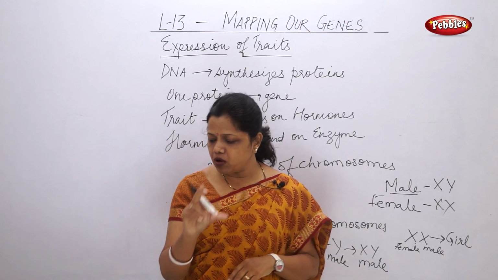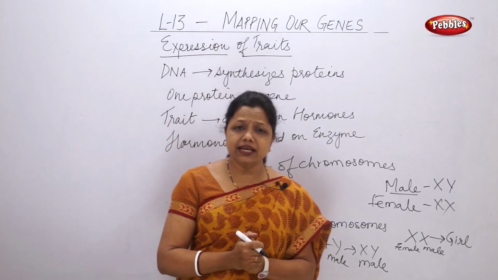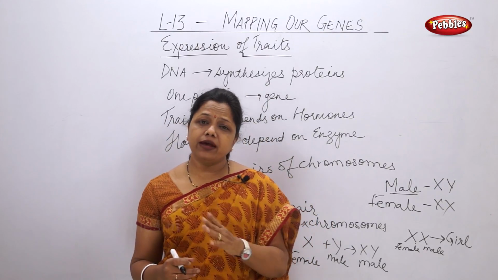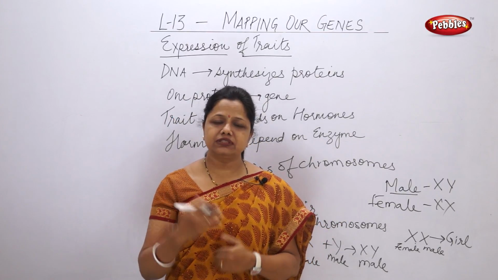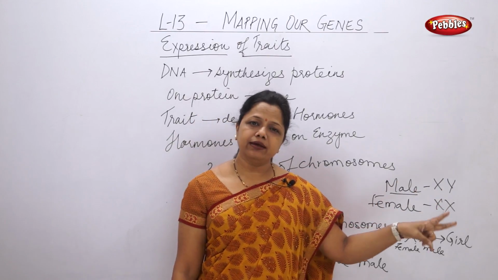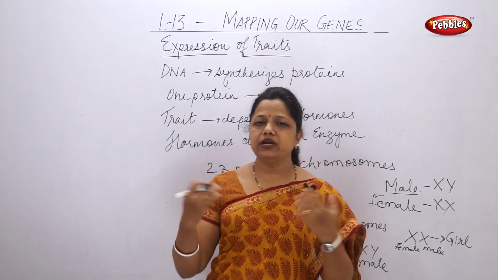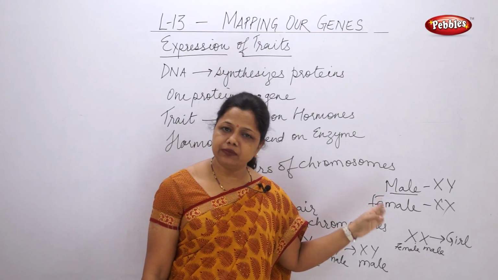There is a small interesting-to-know box in your book which says that there are some amphibians and some fishes where the set of chromosomes is just opposite. In some fishes and some reptiles, the female carries XY and the male carries XX. That's something apart, because we are talking about human beings and how the determination of sex can be done.